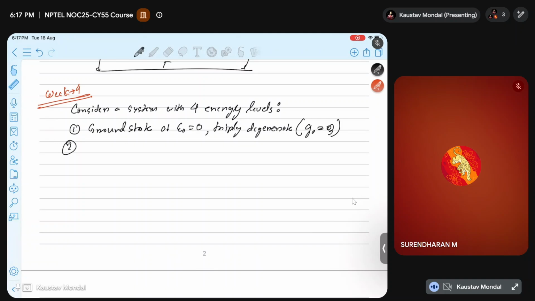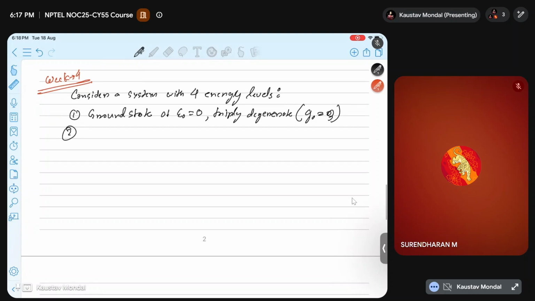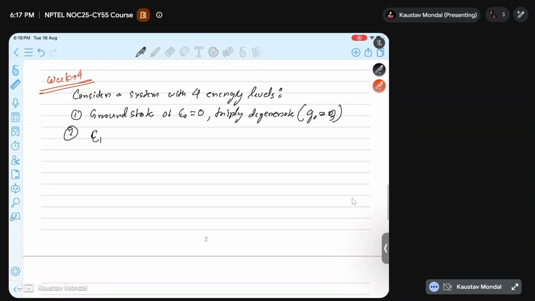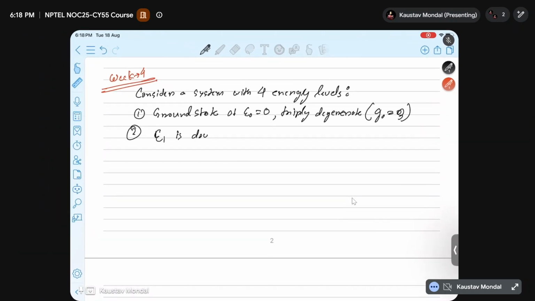The second level, E1, is doubly degenerate, so G1 is 2. Third is the second excitation, E2, which is non-degenerate.